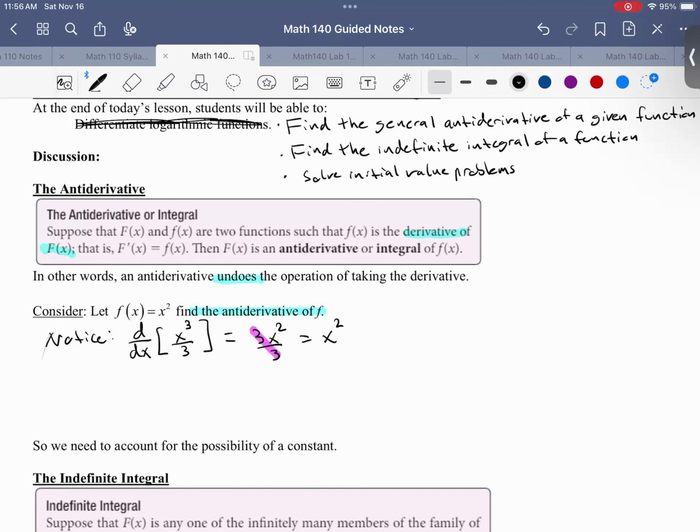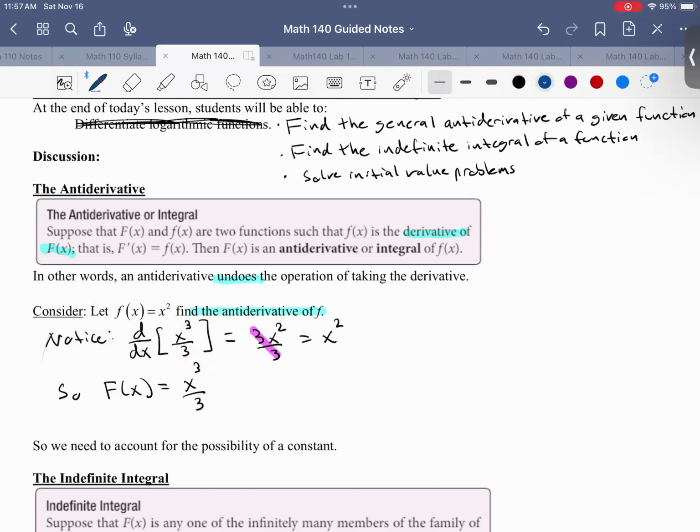So that's what I'm desiring. So capital F of x equals x cubed over 3 is the antiderivative of f of x equals x squared.